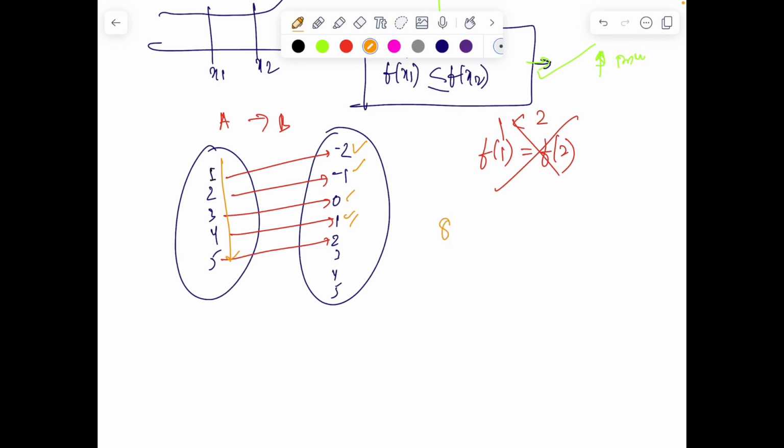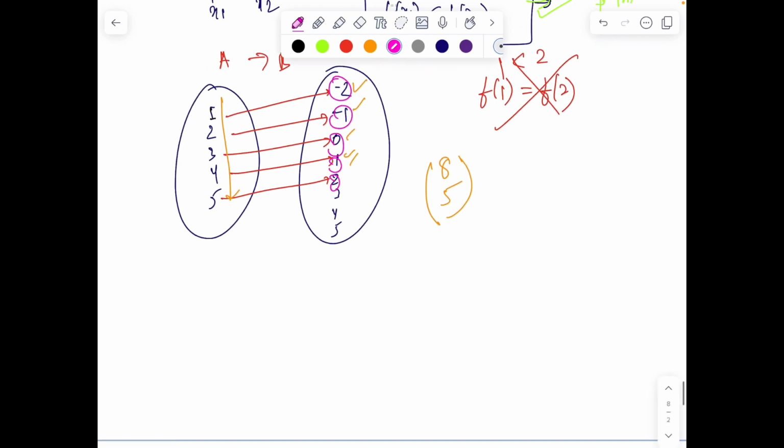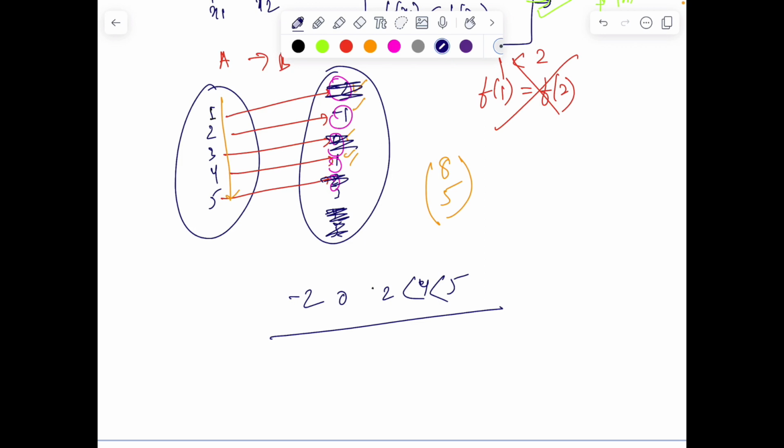So clearly from those 8 objects, I can select any 5 of them, and once I have selected any 5, let's say I have selected minus 2, minus 1, 0, 1, 2, there is only one way to arrange them in increasing order. What I mean is, let's say someone selected minus 2, 0, 2, 4, and 5.